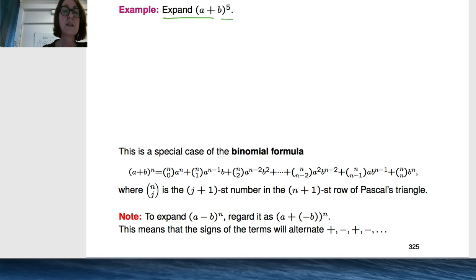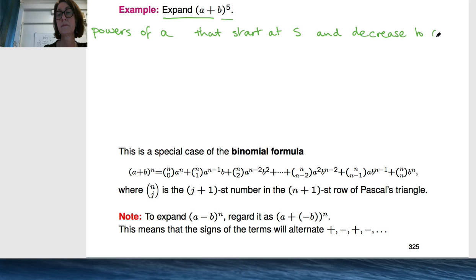When you start expanding this, you start off with powers of a that start at 5 and decrease to 0, and powers of b that start at 0 and increase to 5.